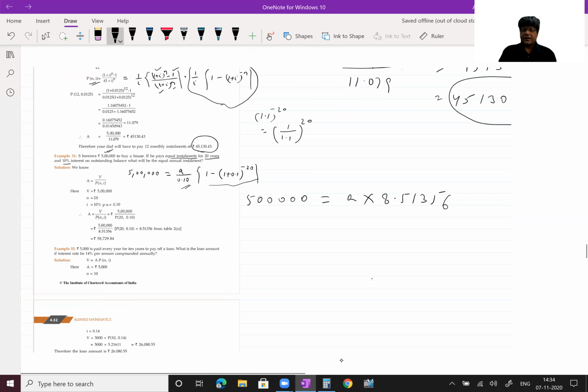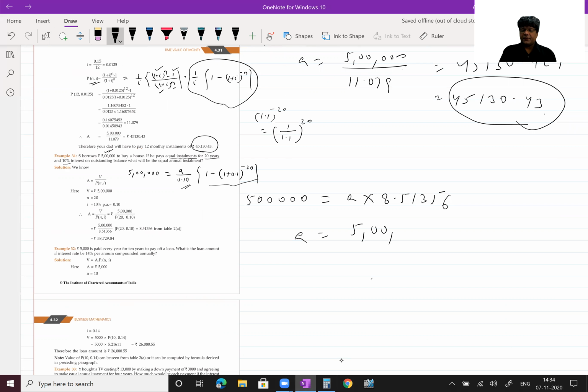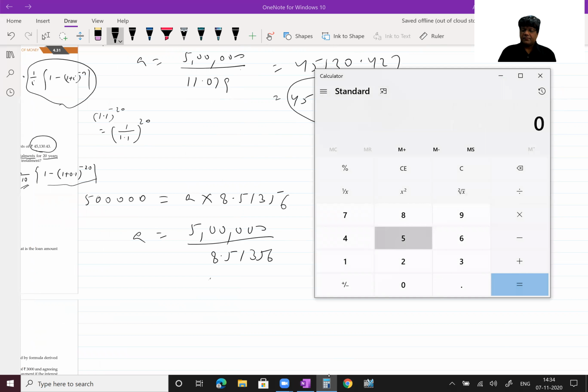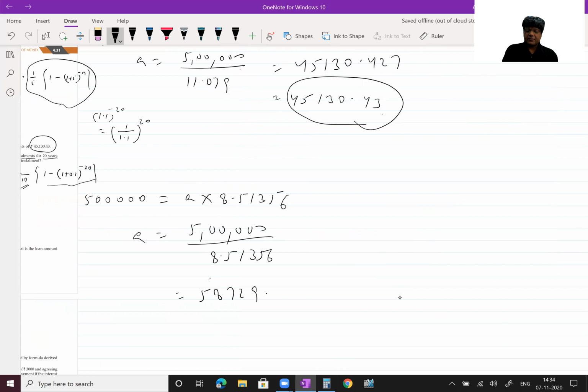So A is equal to 5 lakh divided by 8.51356, which is equal to 58,729.838.